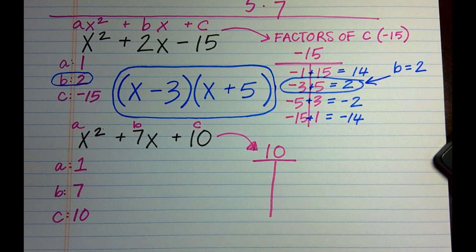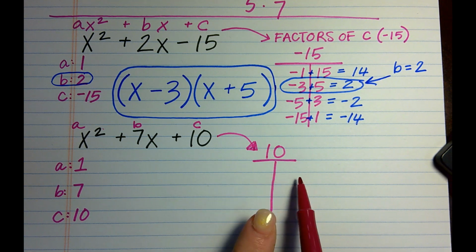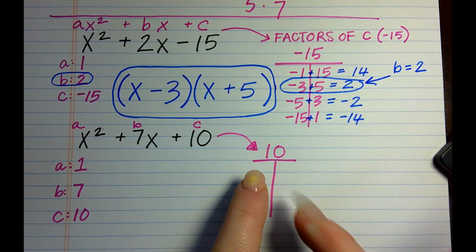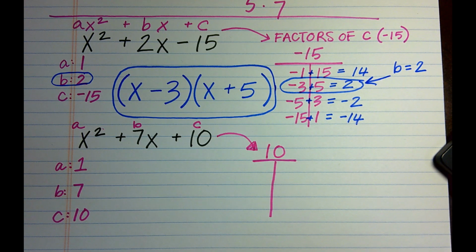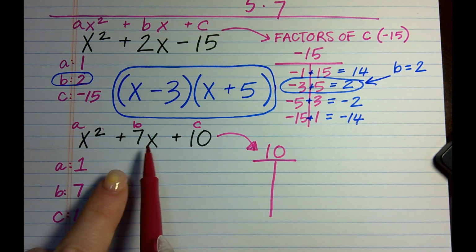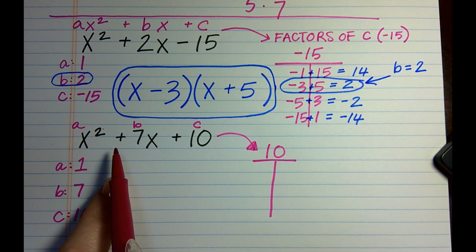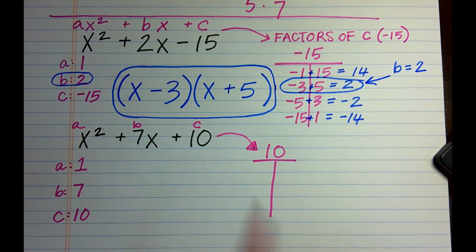Now this is a positive 10. And we really only have one option here. Technically, you could do a negative times a negative to get a positive. I can explain a little more on that later, but since our middle term is also positive, we don't need to use negative numbers, so we won't worry about those for this one.